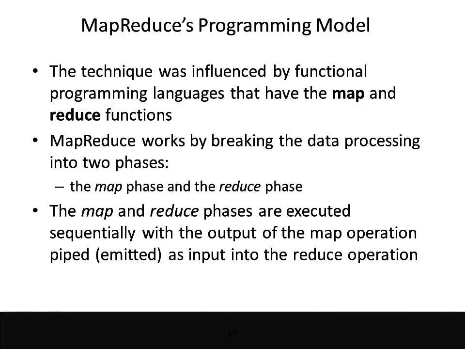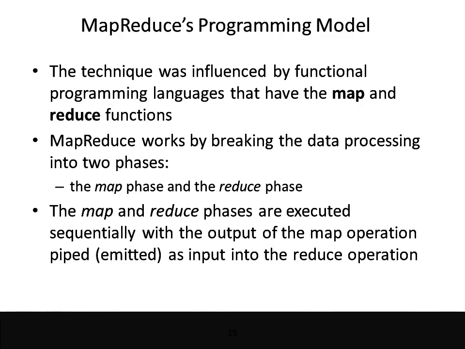So the key realization that makes the MapReduce algorithm work is that we can break data processing operations into two phases, a map phase and a reduce phase. And because the map phase is operating on each element of the input individually, the map phase can be run in parallel. So think of my array of 10 numbers.